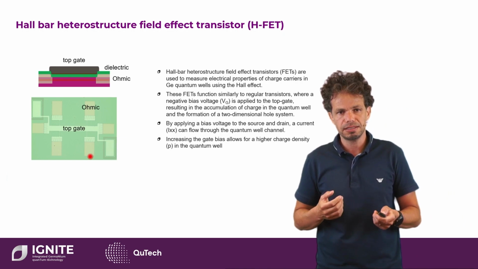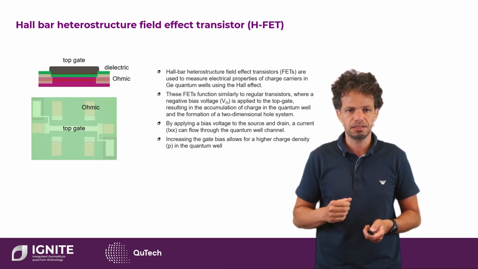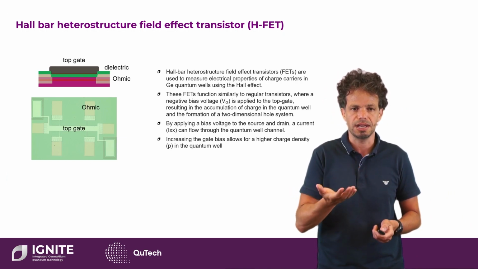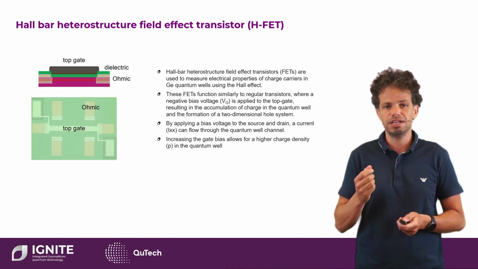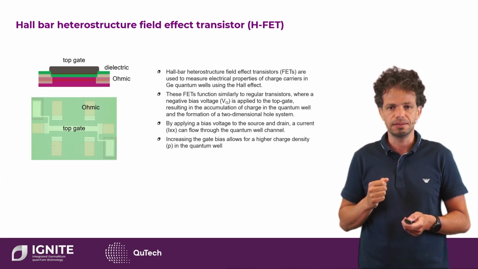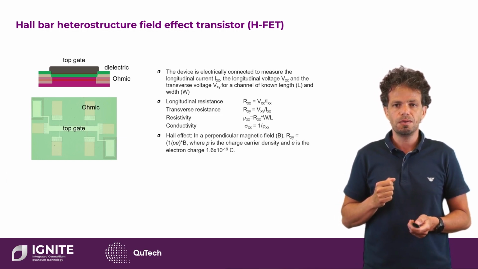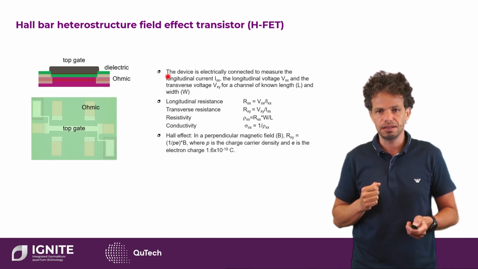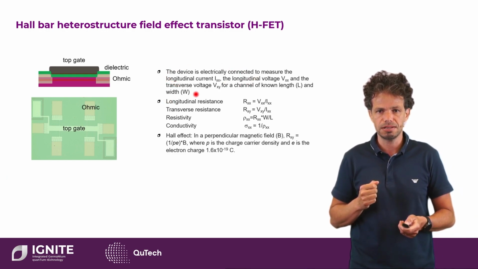Now, the top gate is very important because by changing the top gate, we not only accumulate the channel, but we can also change the density in that two-dimensional hole gas that we accumulate. So these are all the metrics that we measure: Vxx, Ixx, and so on.